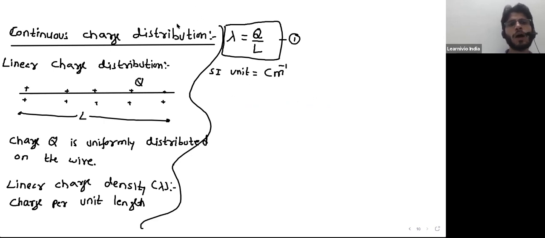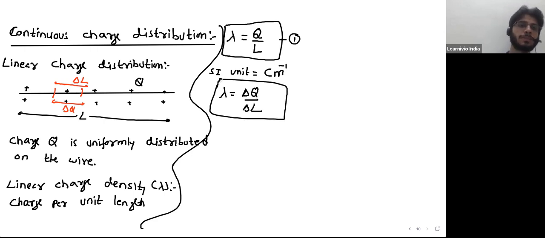Instead of the whole wire, if you have information about a small portion of the wire only, and you just know the length of this portion, that's delta L. Instead of knowing the total charge on the wire, you know the charge on this section only, that's delta Q. Using this, you can also calculate linear charge density, which is delta Q over delta L.